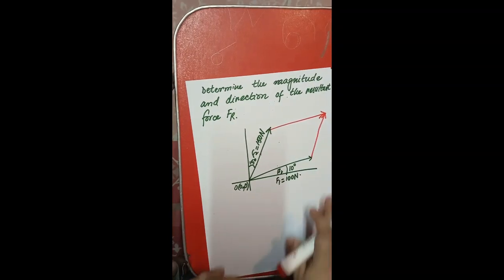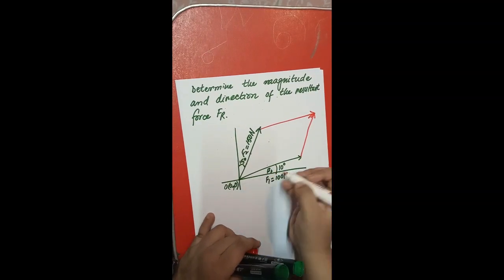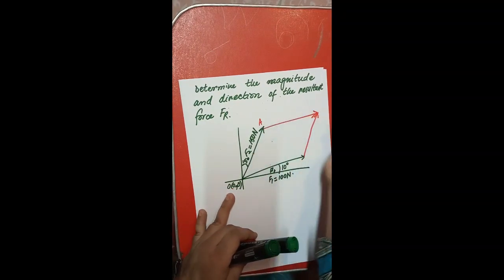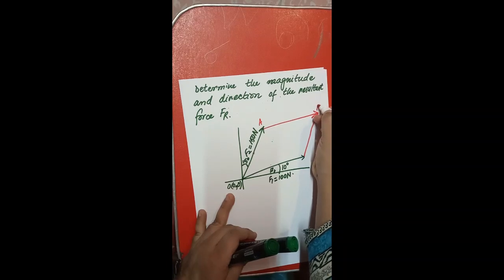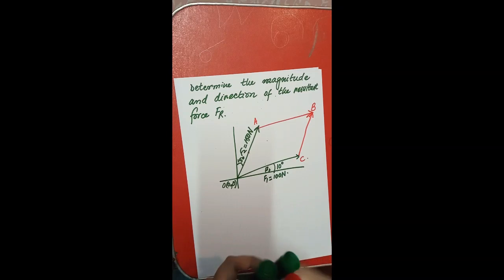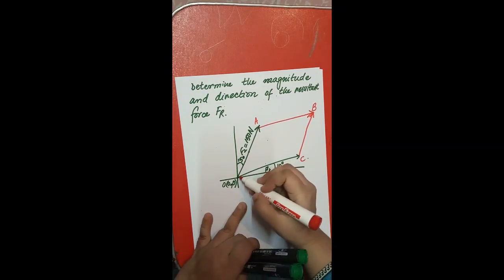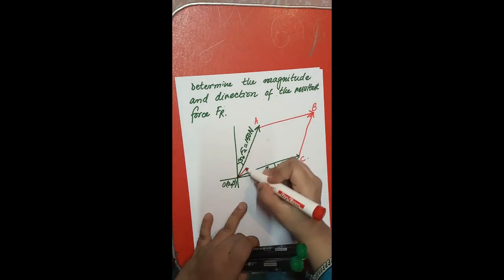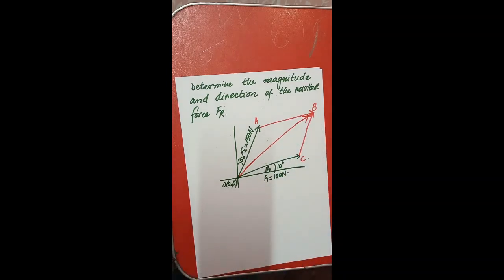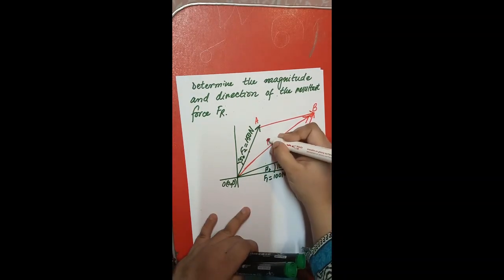Is it clear to all of you? If this point is O, we can say this one is A, this one is B, and this one is C. It's up to you whatever points you want to take. Okay, and we have to draw the diagonal of the parallelogram. So this will be our FR.